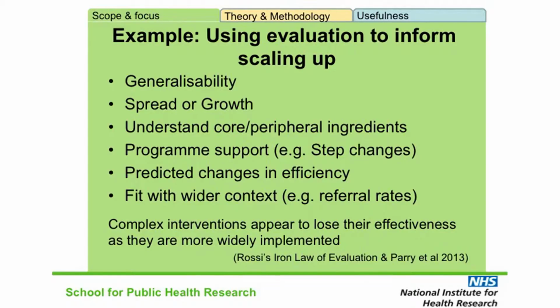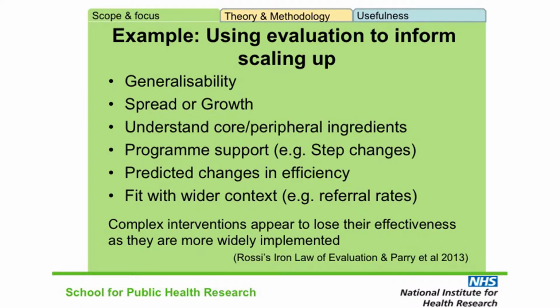There are elements around program support that need to be considered, for instance step changes in the size of a program. A program that's being managed by 4 people, incorporating it into their everyday work activities for 4 sites, when you look at 104 sites, will require completely different support to support that program.